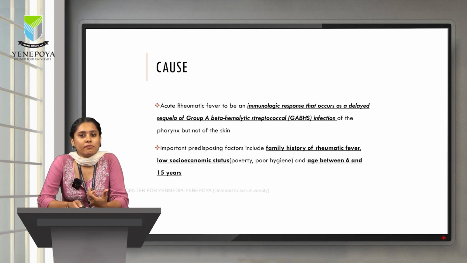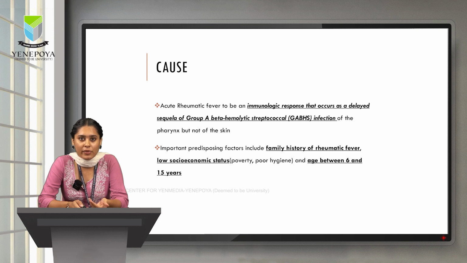What is the main cause of acute rheumatic fever? Here the main cause is the group A beta hemolytic streptococcal infection, also called GABHS.